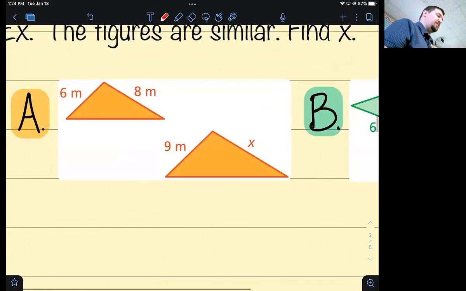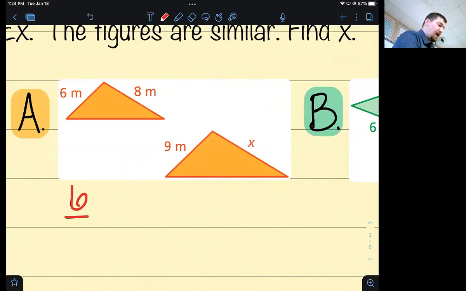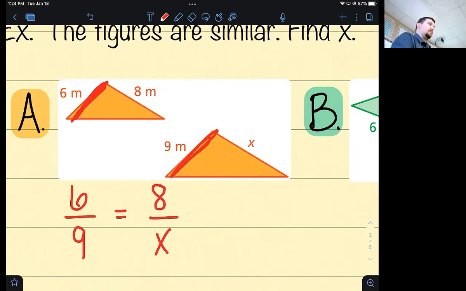So there's a couple different ways you could set up your proportion. The technical way of setting it up would be to say that 6 corresponds to 9. So 8 has to correspond to X. It's not the only way you could set it up. Some people would set it up as 6 is to 8.